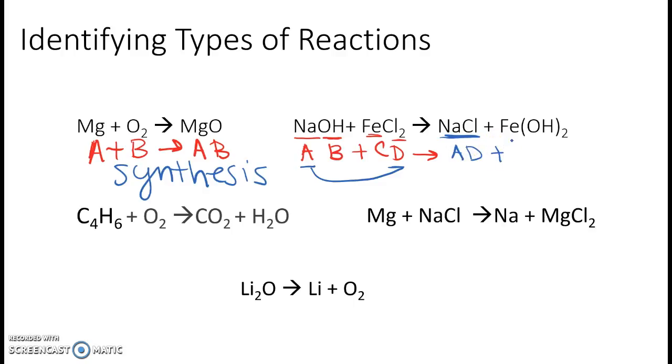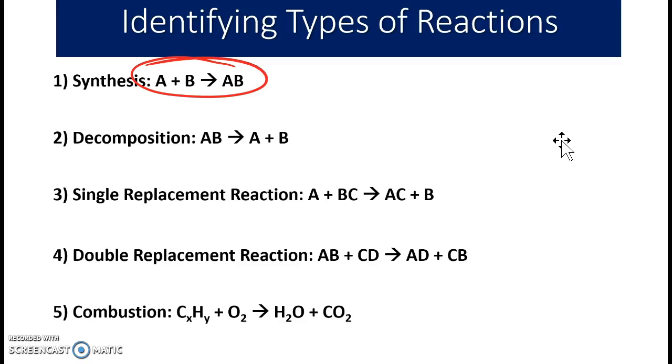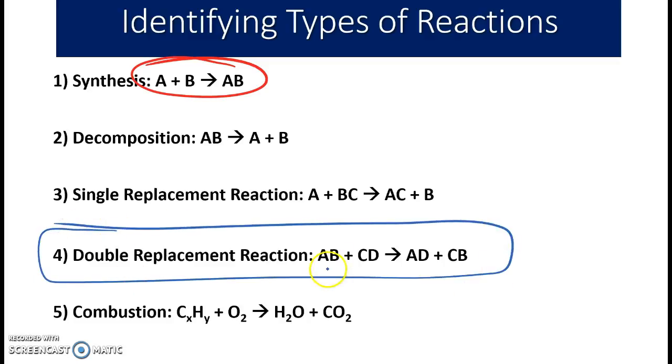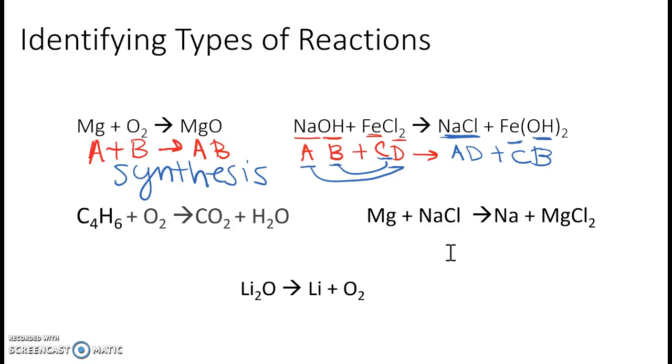And then we have element C, that was iron, combined with the OH, that was element B, to make another new compound. So this matches double replacement. We can see the reaction framework is AB plus CD, and that makes 2 new compounds.